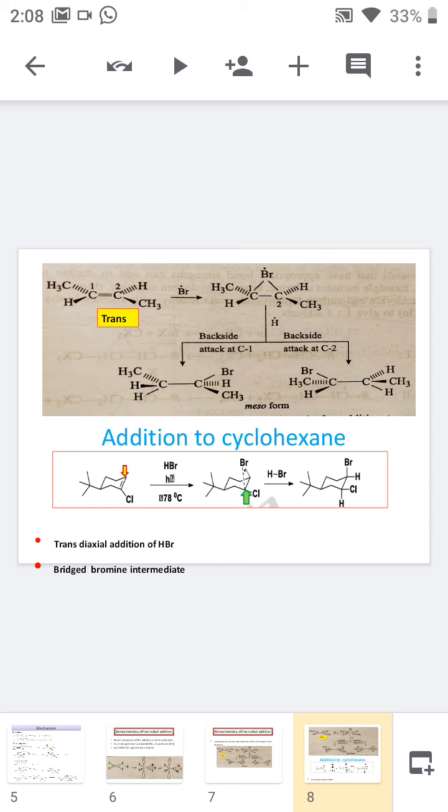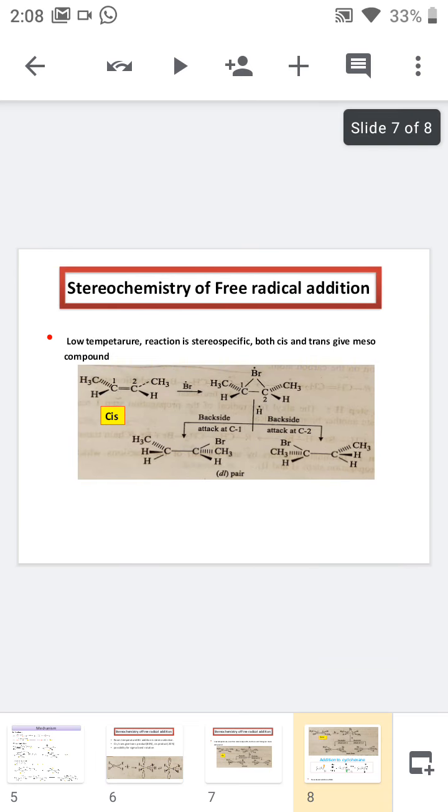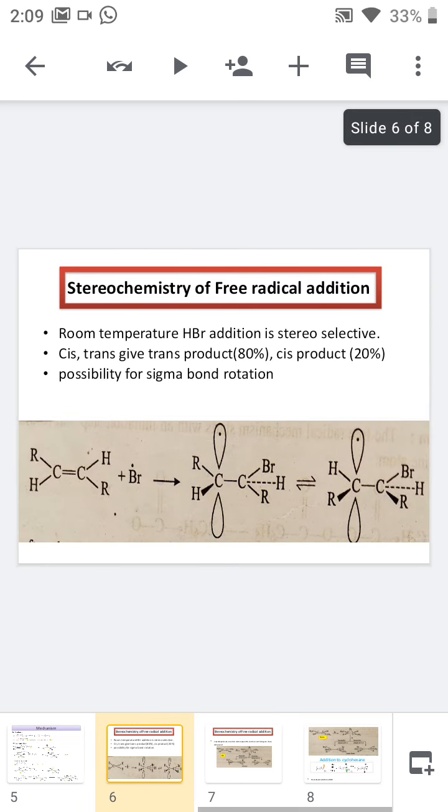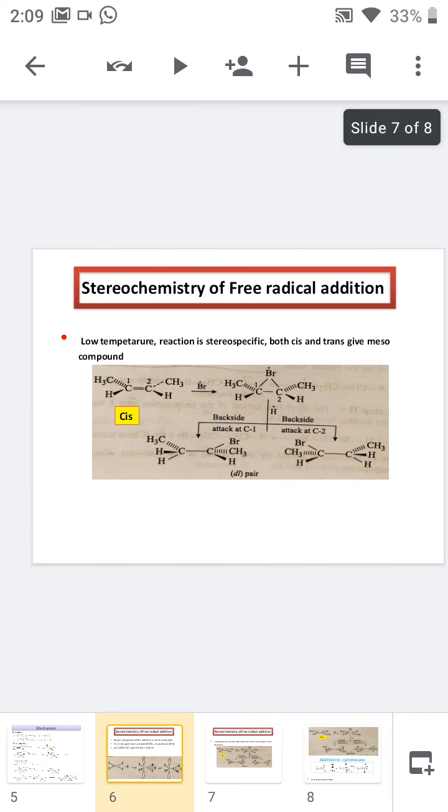So that means a single product is formed, that is a meso compound. That's why if we are doing the same experiment at low temperature, we will get only a single product, so this type of reaction is known as a stereospecific reaction. Whereas if you are doing the same reaction at room temperature, we will get two products, so that type of reaction is known as a stereoselective reaction.